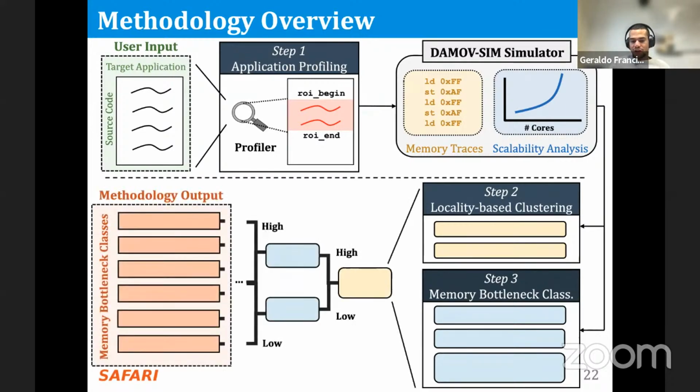Then, by collecting the data in step 2 and step 3, we classify the applications using 4 key metrics into 6 different classes of memory bottlenecks. Each class of memory bottleneck correlates with one particular data movement mitigation mechanism.